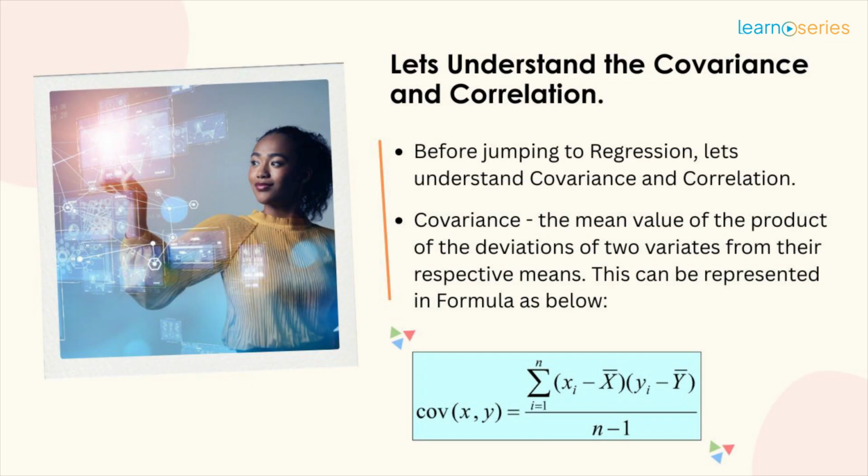And what is covariance? Covariance and correlation are the same, so why two names? In covariance, the unit will be there when doing the calculation, but in correlation the units are neutralized. That's why you are getting a value between -1 and 1.